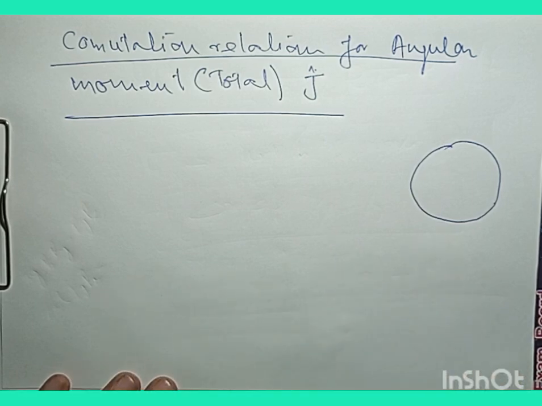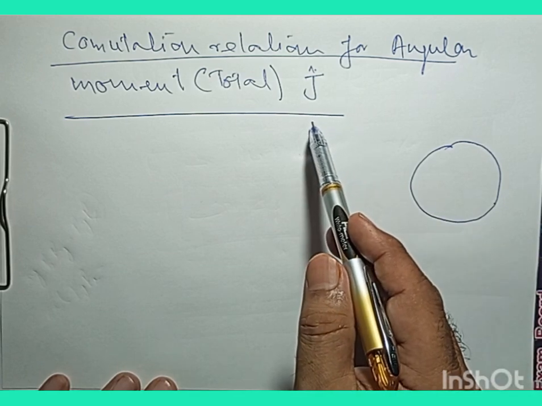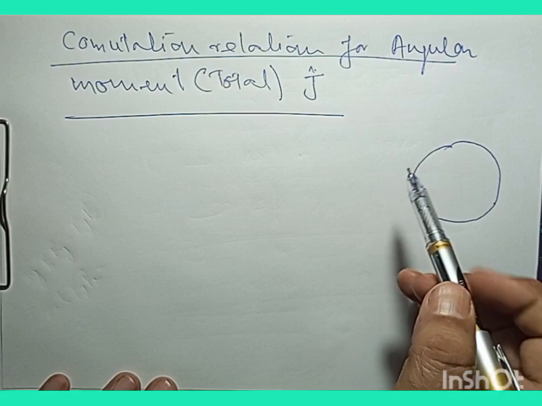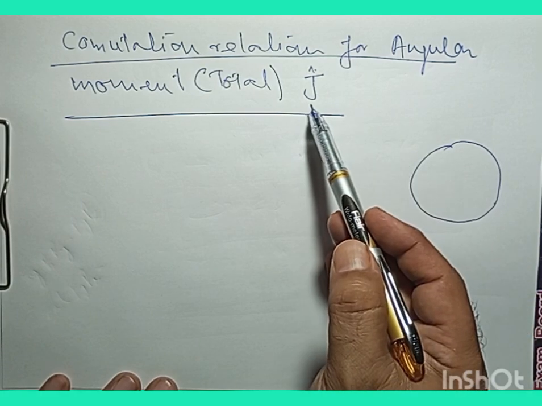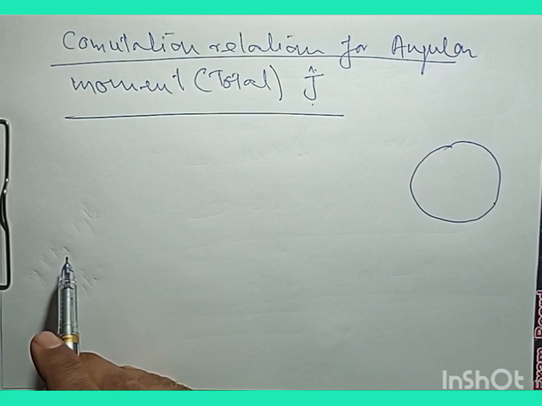So in order to obtain the commutation relation for this total angular momentum J, we have to consider how the total angular momentum operator J cap interacts with its components.